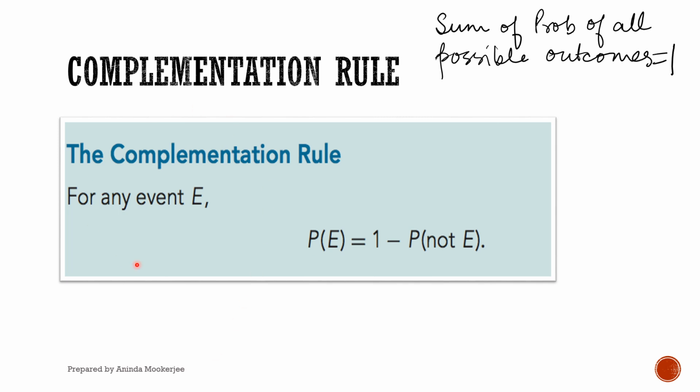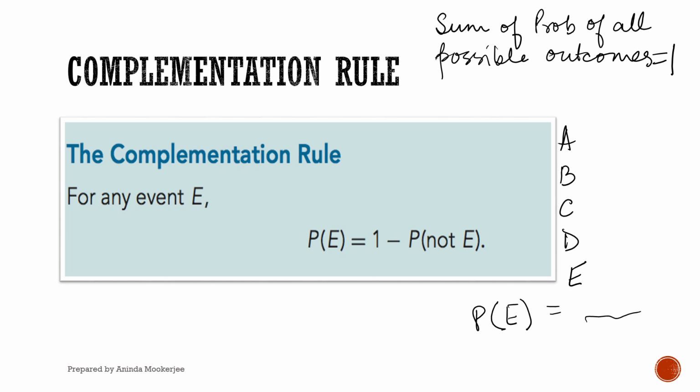So by the complementation rule, for any event E, the probability of E can be calculated as 1 minus the probability of not E. All right. So in other words, if we have all these events A, B, C, D, E, and I want to find the probability of E, well, if you know the probability of E, you can just write down whatever it is.